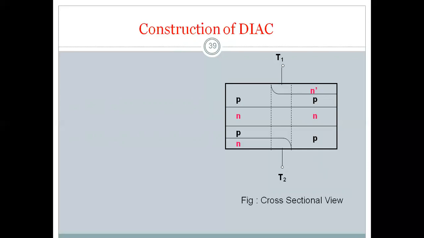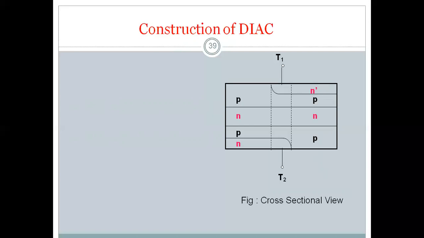In both cases, the currents during blocking regions are very small and are called leakage currents. Generally, the breakover voltage of a DIAC is about 30 to 50 volts and the voltage drop across the device is about 3 to 5 volts.